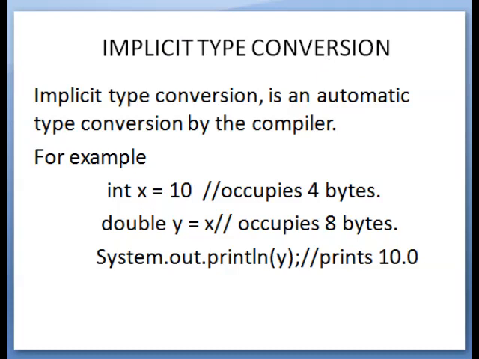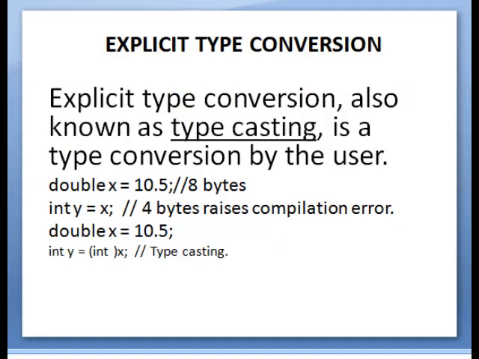The next is explicit type conversion. Explicit type conversion is also known as typecasting. It is a type conversion by the user. Implicit means the type conversion is by the compiler. Explicit means the user can decide in which data type he or she wants the result.